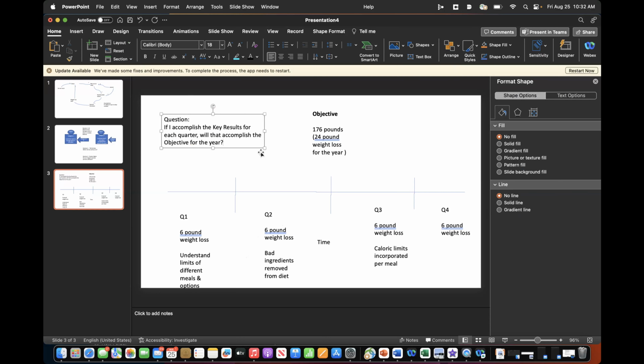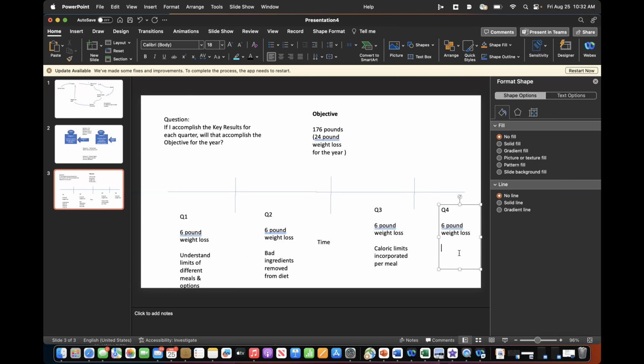Because often it won't. Part of the horizontal analysis is to see, will this lead to that objective? And if it doesn't, we need to get some additional results to make it equal up.